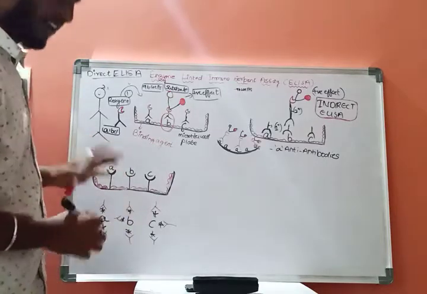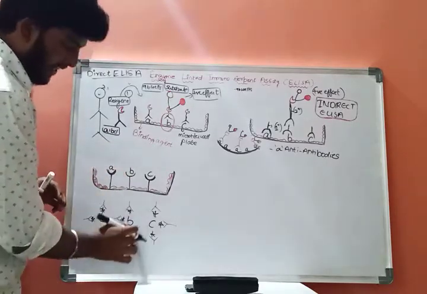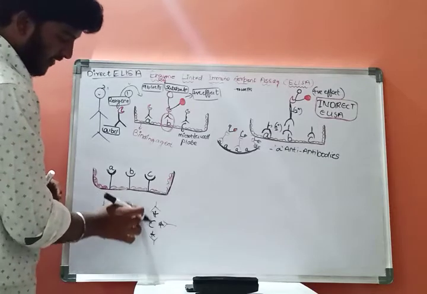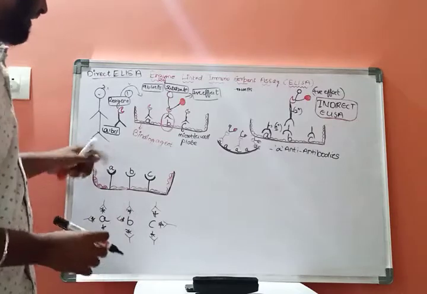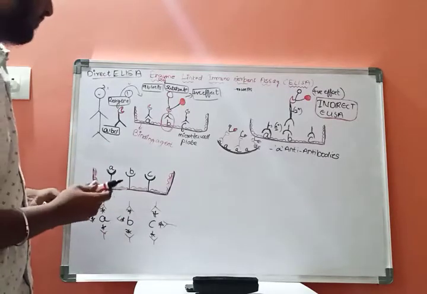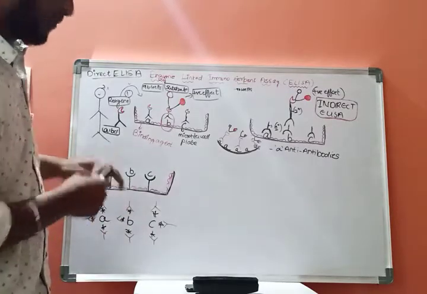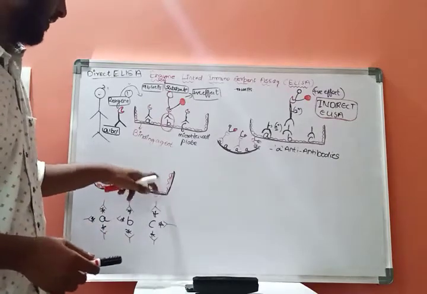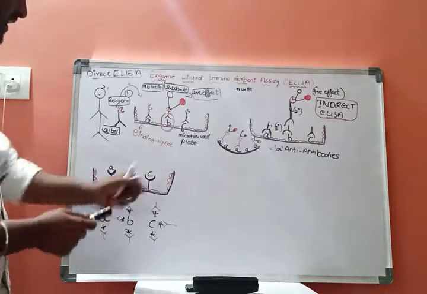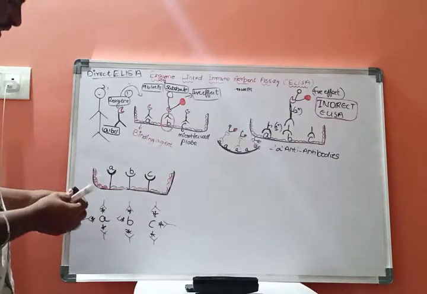Now here we are examining only B type of antigens, after pouring A type of antigen, B type of antigen, C type of antigen on the surface of the microtiter well plate.